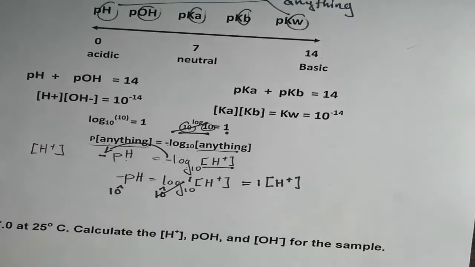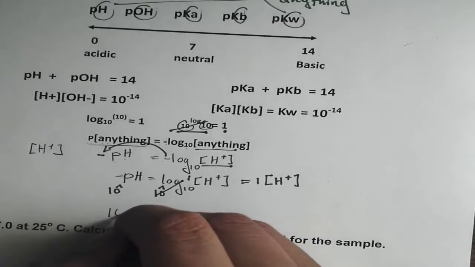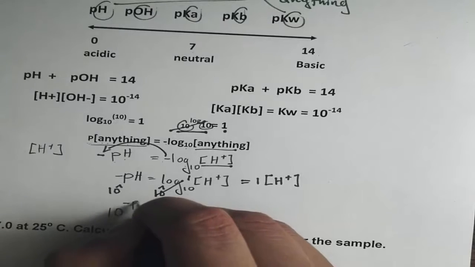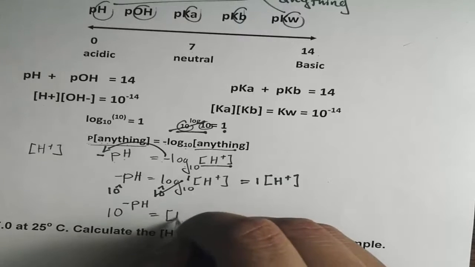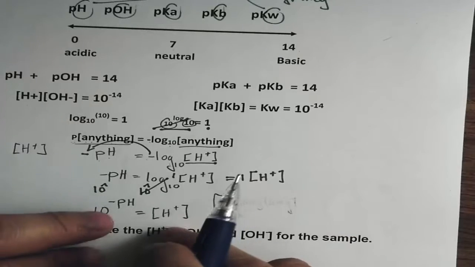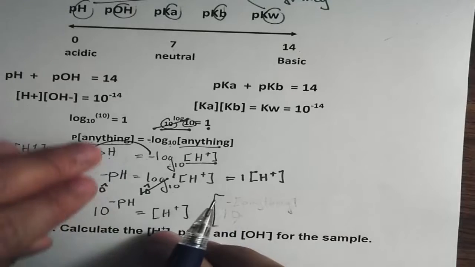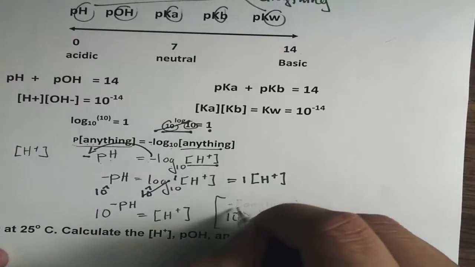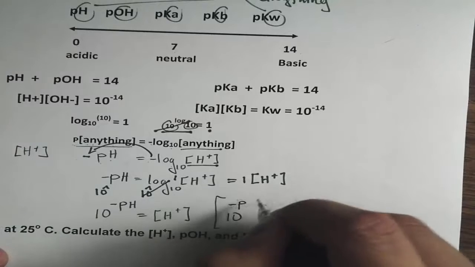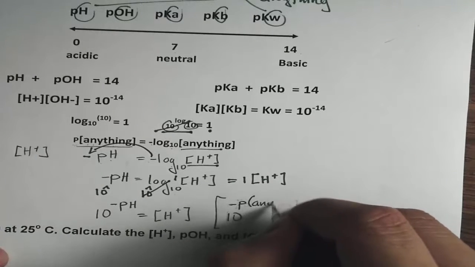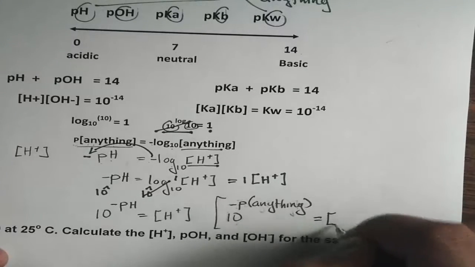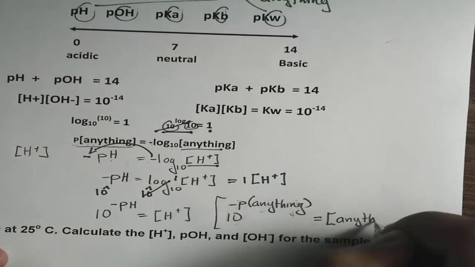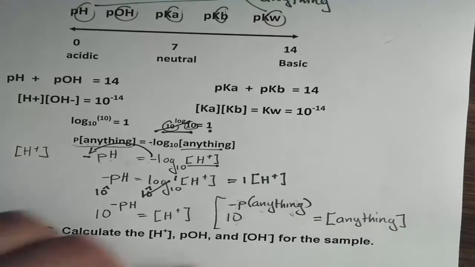In this case I have 10 to the power of negative pH equal to the concentration of H plus. Now if I interpret this in terms of anything, I would have 10 to the power of negative P of anything equal to the concentration of anything. Isn't that easy?